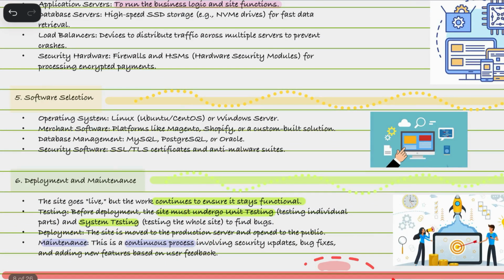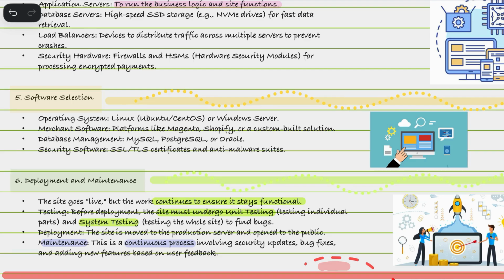The last but not the least is the final step called deployment and maintenance. But before we launch our code into production, we must run it through rigorous testing. So this part includes unit testing, alright, and system testing, that is testing the entire site end to end, making sure that payments are seamlessly updated and the stock records are updated.